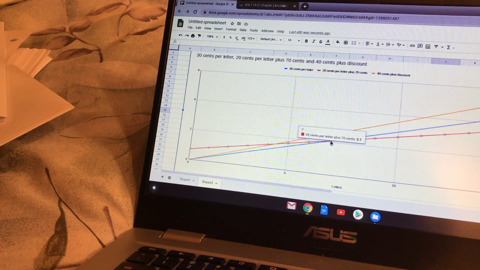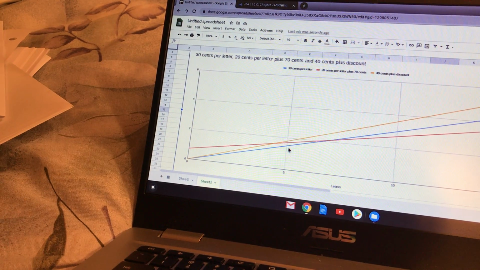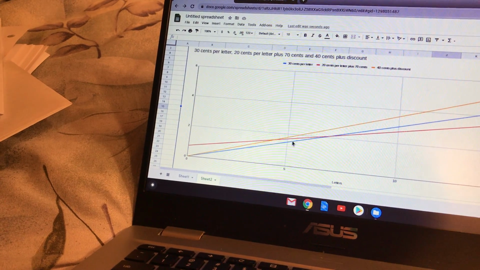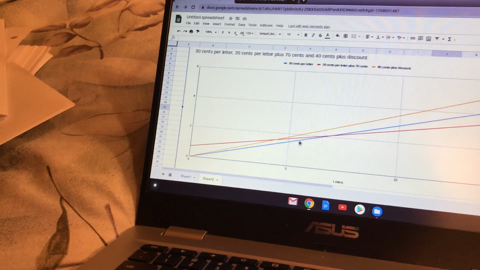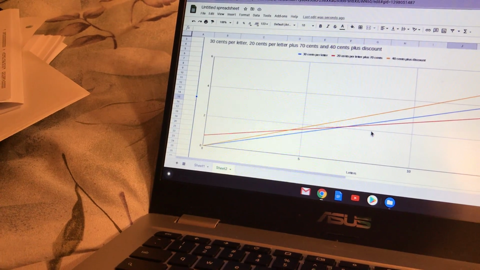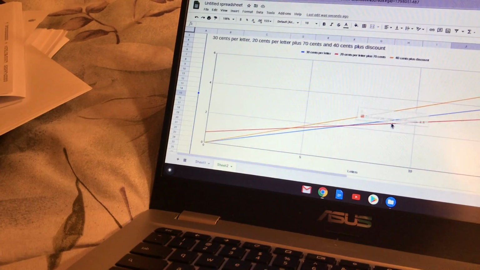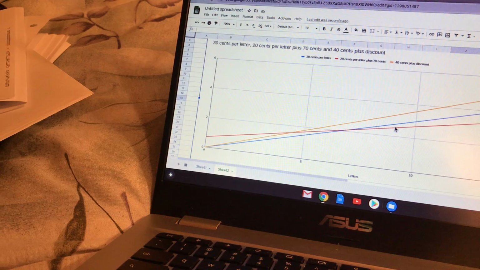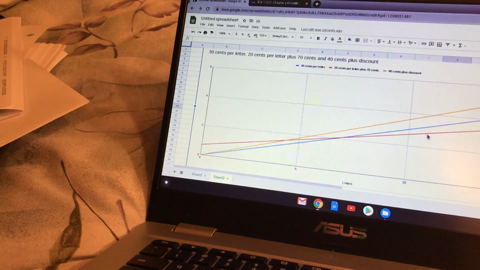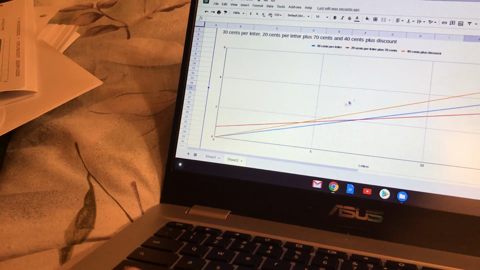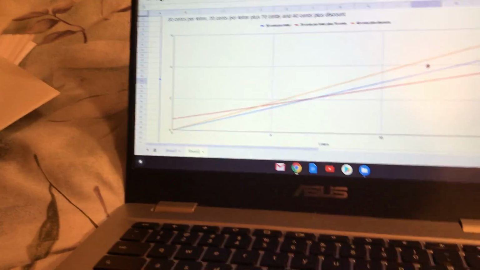If you had less than 7 letters, the 30 cents per letter is cheaper. But if you had more than 7 letters, the 20 cents plus 70 cents is cheaper. And then, of course, the yellow one is the most expensive.